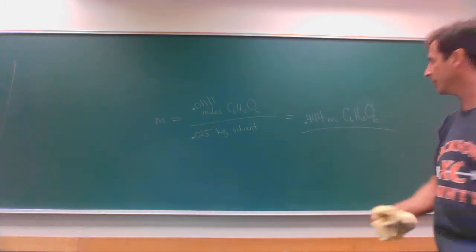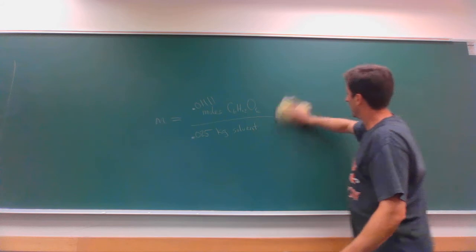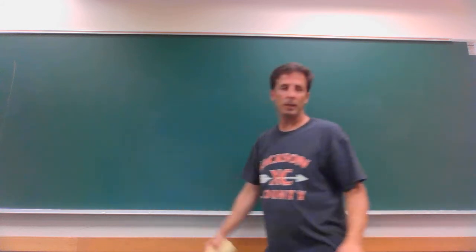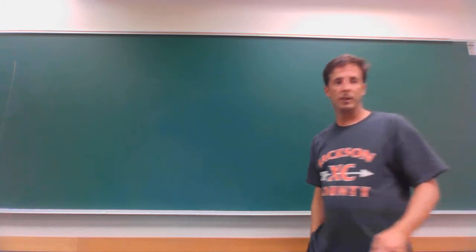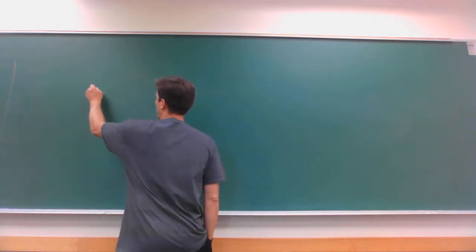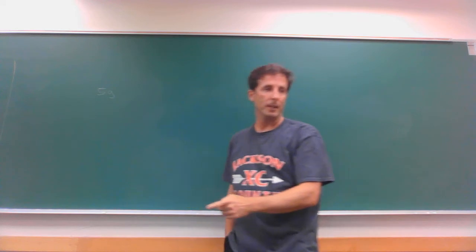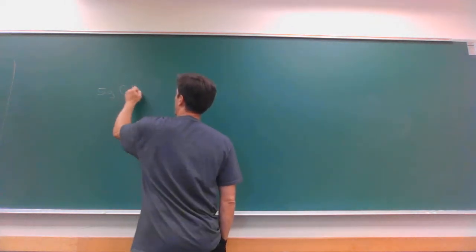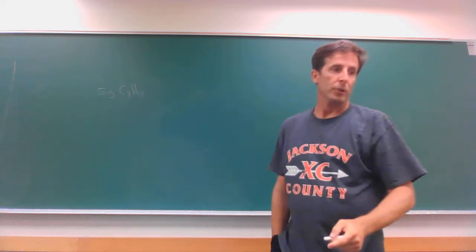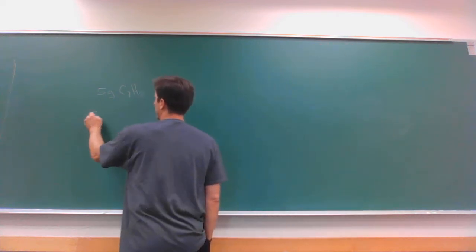All right, moving on to the next problem. Wants me to calculate the molarity of a solution if it has 5 grams of toluene, so 5 grams of C7H8, 225 grams of benzene.